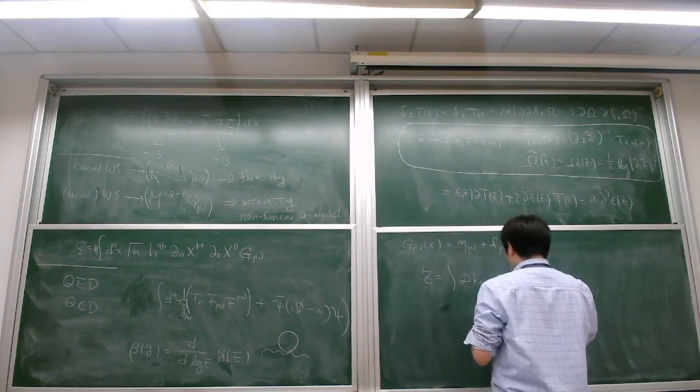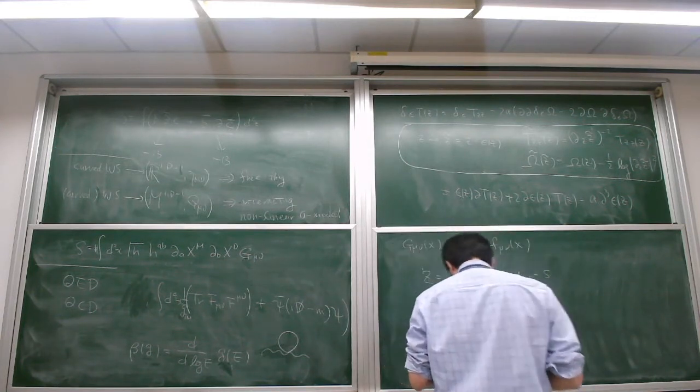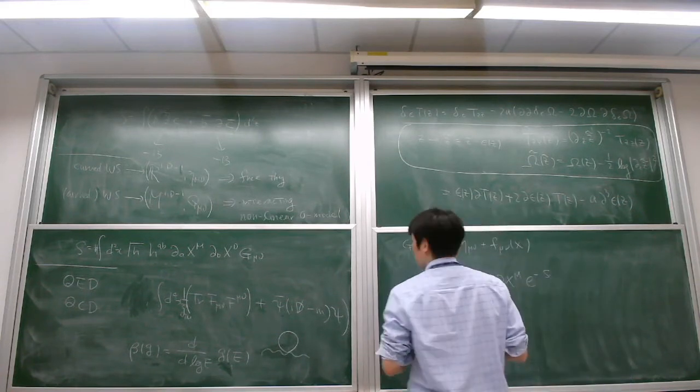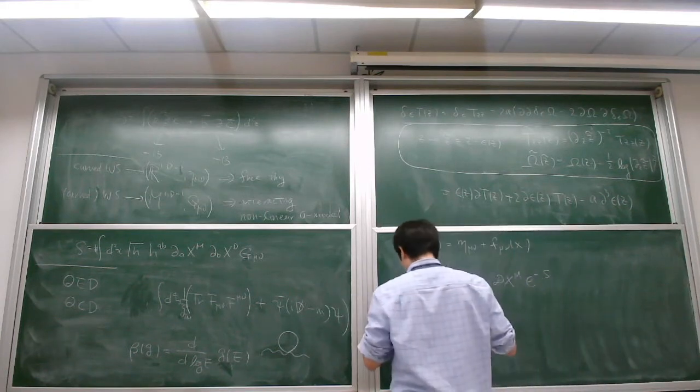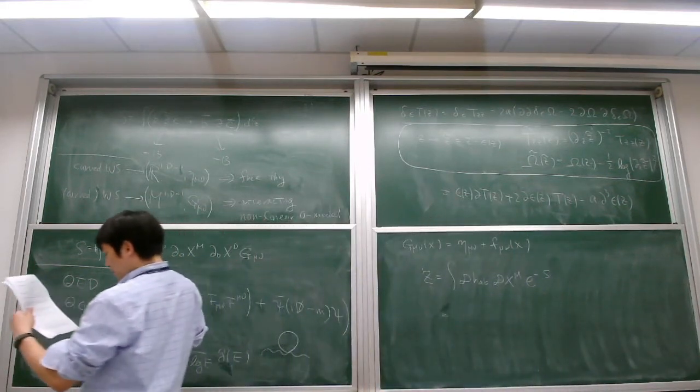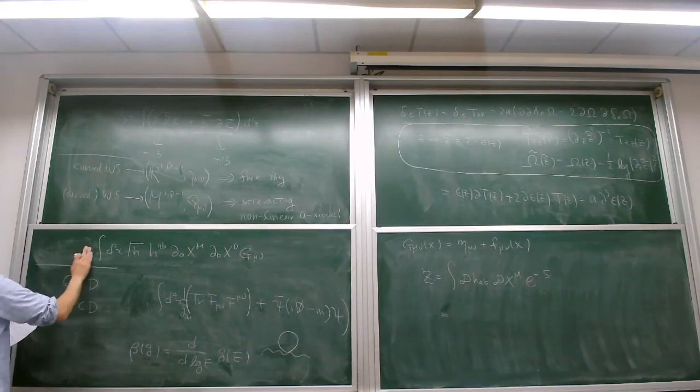If you consider the path integral and do the perturbation around the flat metric, you can just take the first order. Actually, to write the first order, I think I should restore the constant.